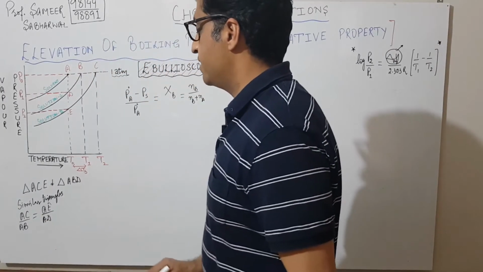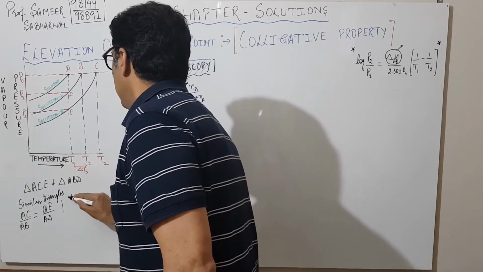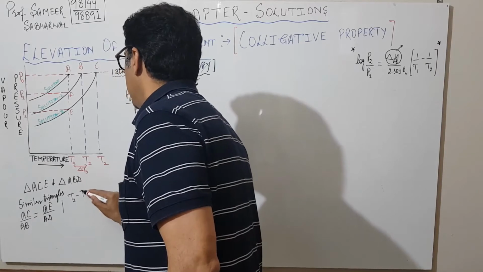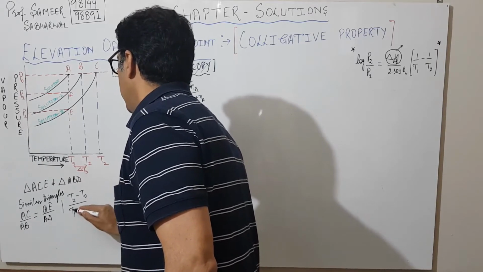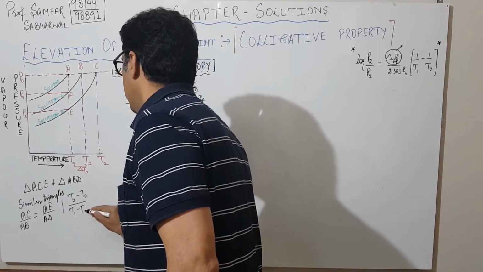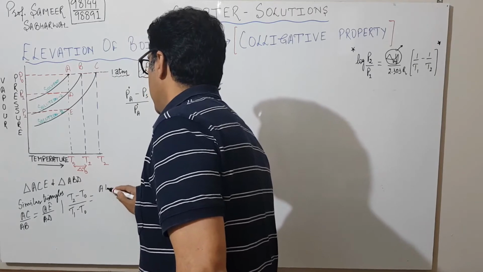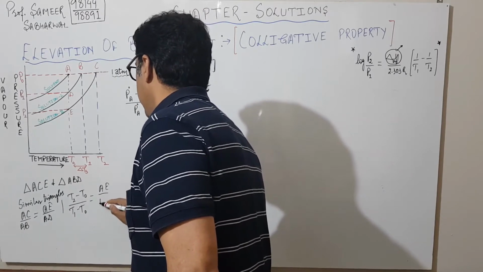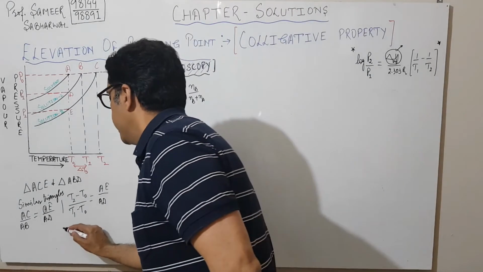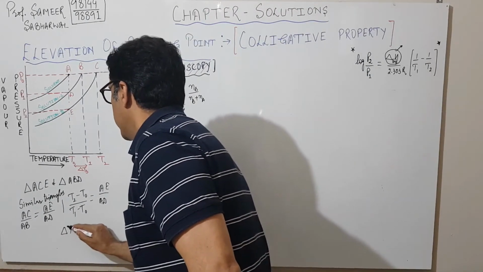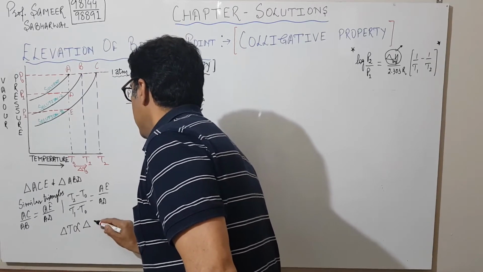Or I can simply say (T2 minus T0) divided by (T1 minus T0) is equal to AE divided by AD. Since these triangles are similar, can I say that delta T is proportional to delta P?